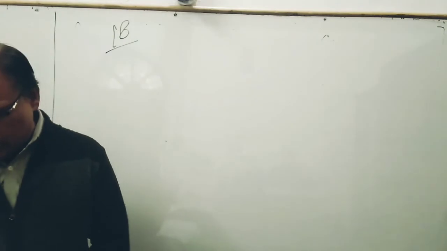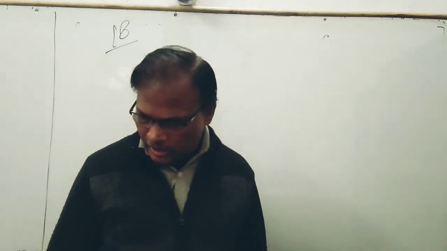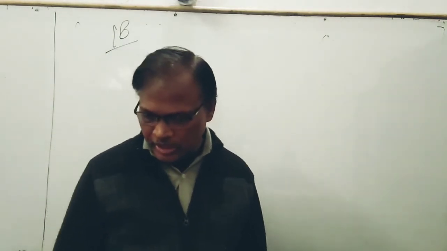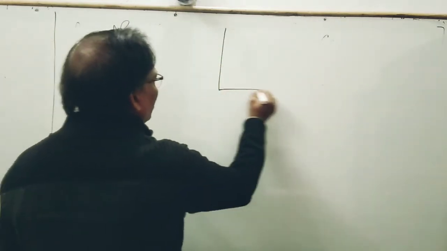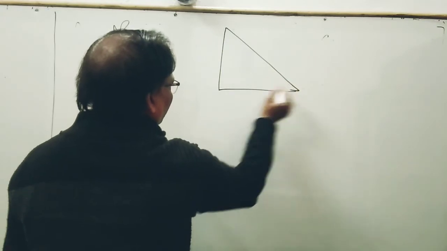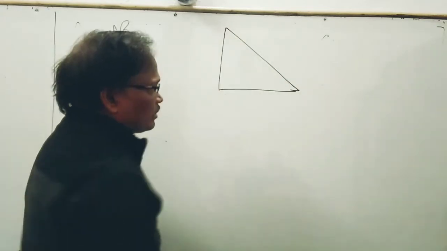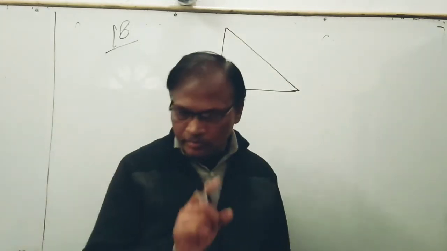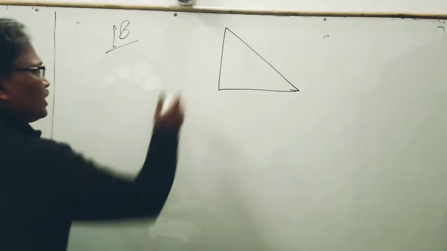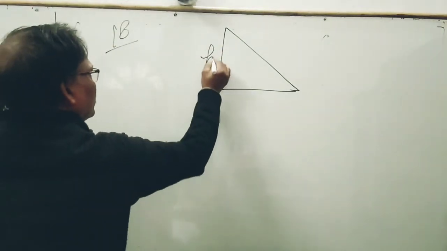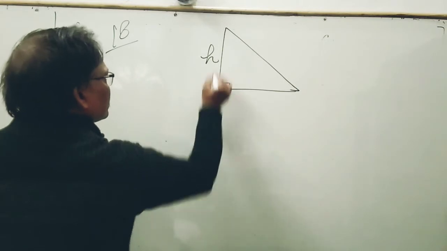The area of the triangular field, the base of a triangular field is 3 times its height. The base is given and height is given. The base is 3 times its height. मतलब कि अगर height हमने h ली तो what will be the base?